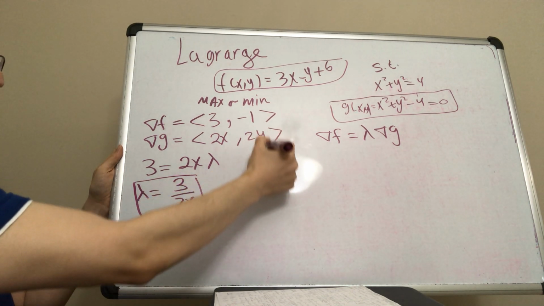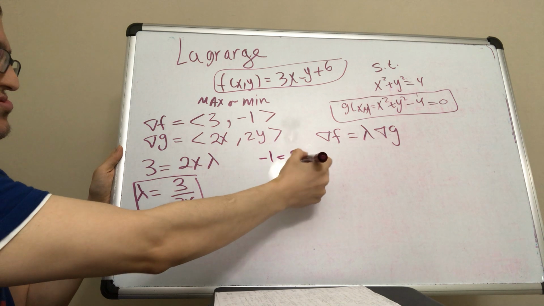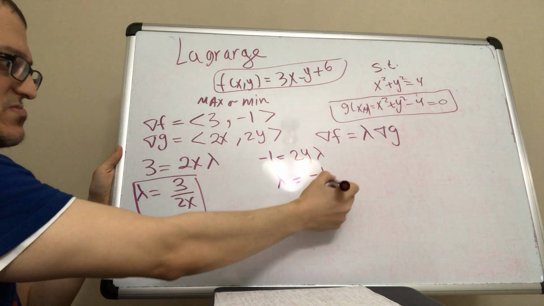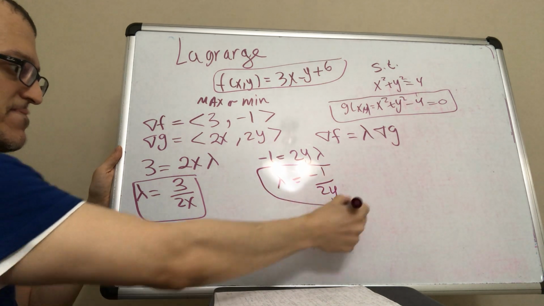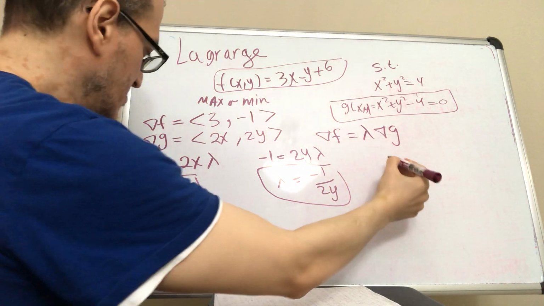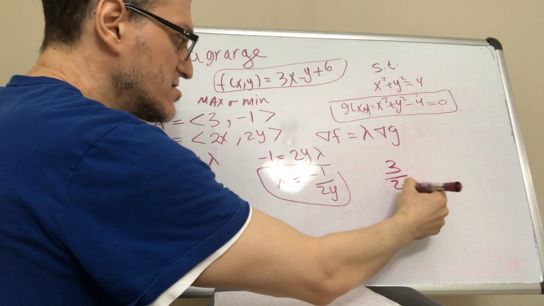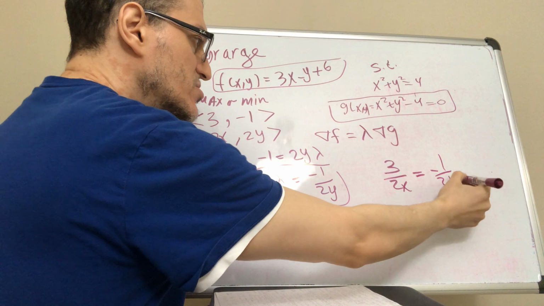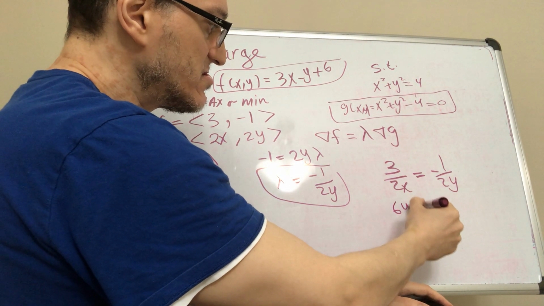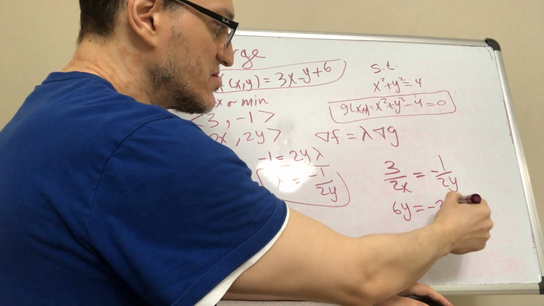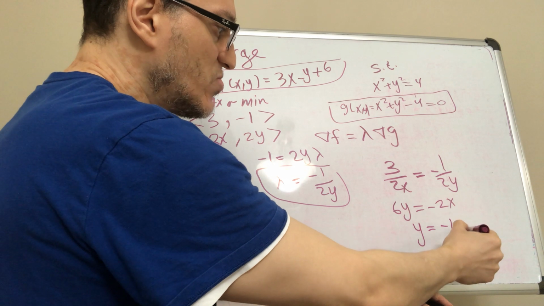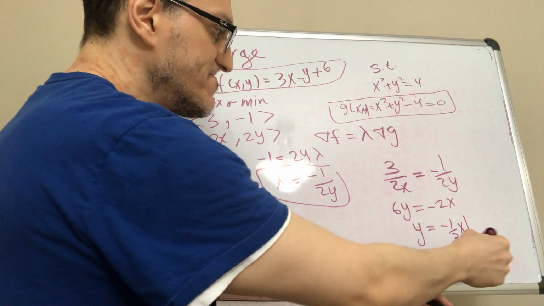And here, negative 1 equals 2y lambda, then lambda equals negative 1 over 2y. Lambdas are equal, so you set these equal to each other. So 3 over 2x equals negative 1 over 2y. Do the cross multiplication, 6y equals negative 2x, or basically y equals negative 1/3 of x.